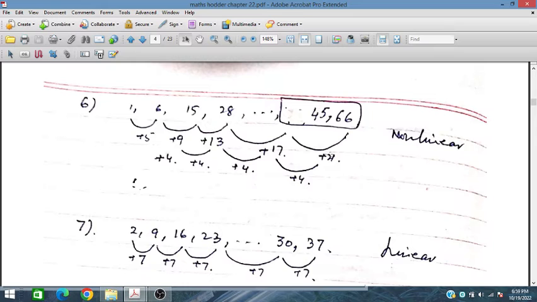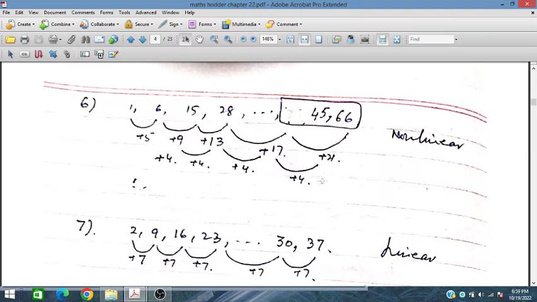This is non-linear, so this should be 17 and then 21. So this 17 is added here to get 45, and 21 is added here to get 66. So this is non-linear, and these are second order terms.